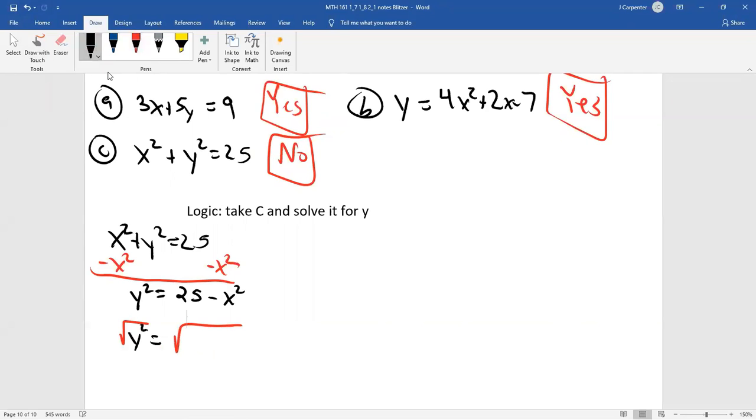You had your y squared, you had your 25 minus x squared. This is the right idea, but not perfect application. Because when you have something squared equal to a number, it wasn't just take the square root of both sides, it was take the plus or minus square root of both sides. How many times have I said that that issue isn't going away?